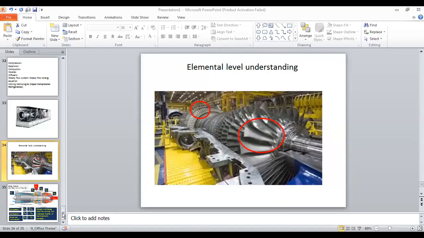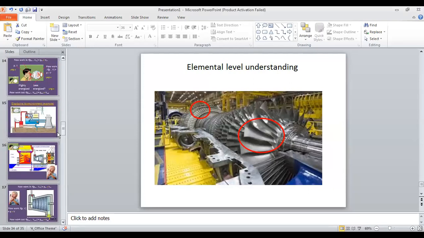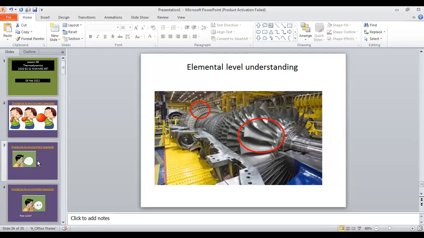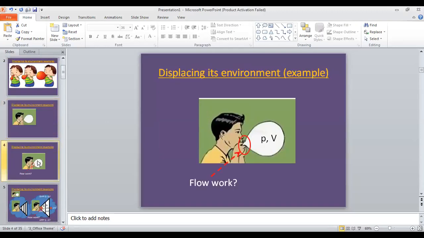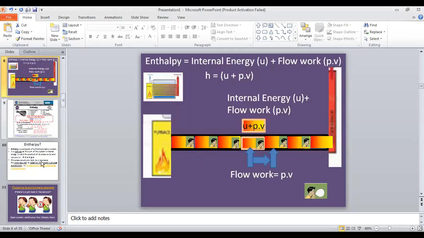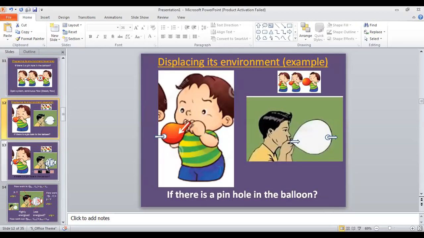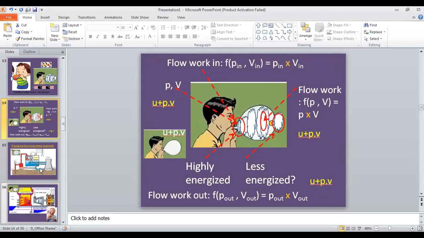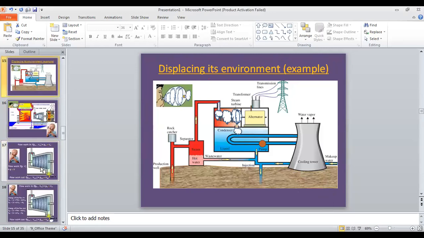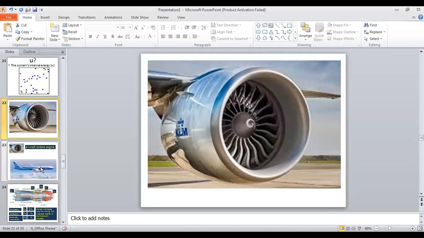It is quite interesting. See how to catch up on this flow work, enthalpies, the internal energies, definitions of the enthalpies, steady flow systems, and some applications, power generation, even aircraft turbine engines.